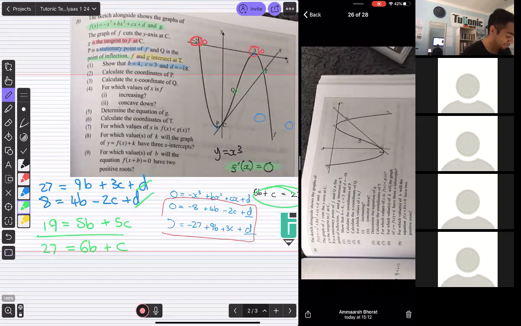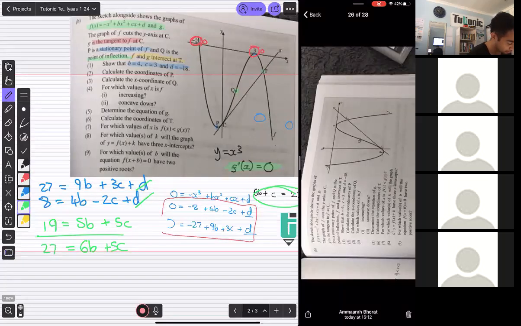So how can we solve this one? Any ideas? Can you make c equal to 27 minus 6b and then substitute it into the other equation? You can. In this situation, I would multiply by 5 to cancel the c's. But either way, it doesn't really matter, to be honest. If you multiply by 5, then you can cancel the c's.